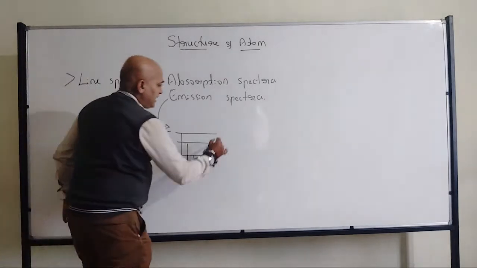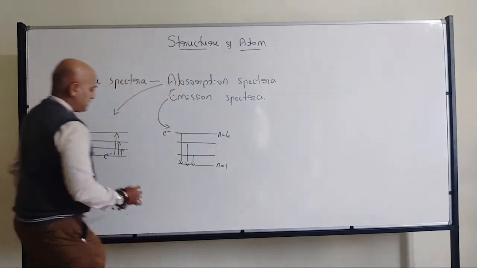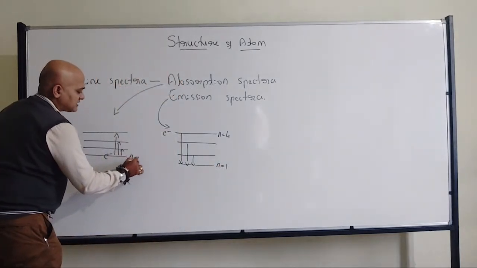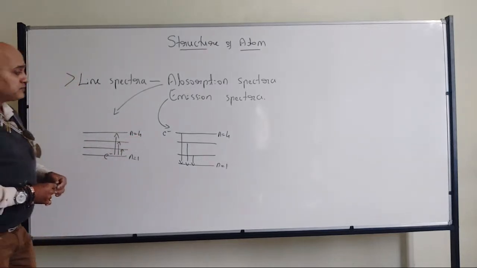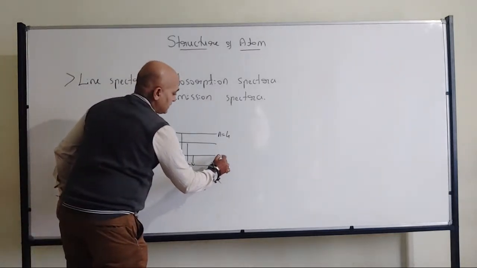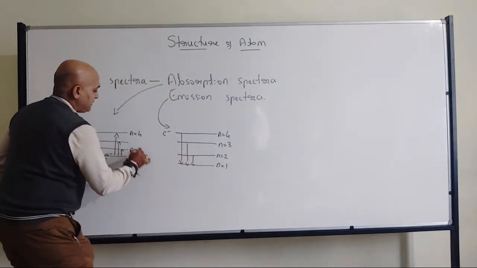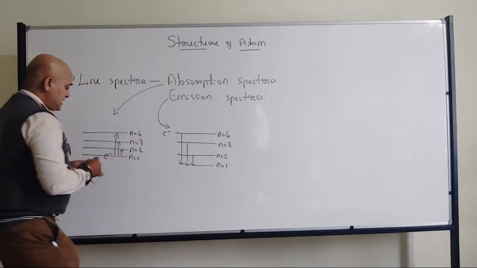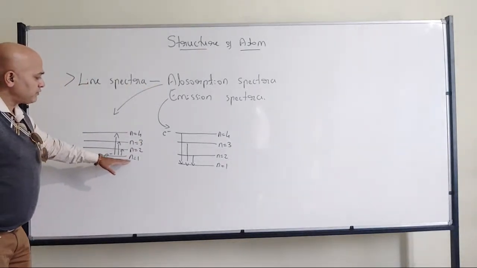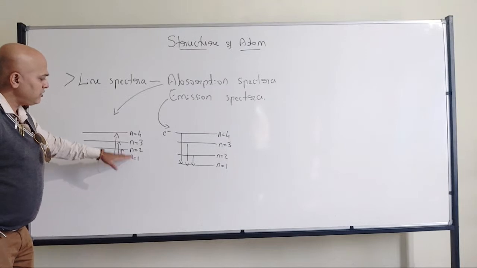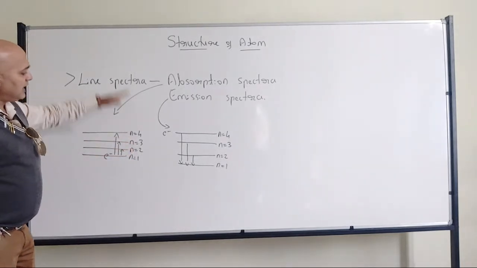Fine. So if I take n is equal to 4 and n is equal to 1, if you observe it carefully, what is happening here? In case of the absorption spectra, electrons are moving from energy level 1 to higher energy level, or energy level 2 to higher energy level.